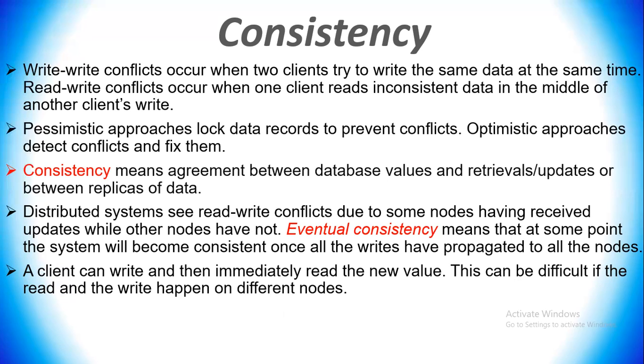So a client can read and write and then read a new value. That's what I already explained before. This is difficult if the read and write happen on different nodes. In NoSQL databases, the client does not know from which node it is reading.